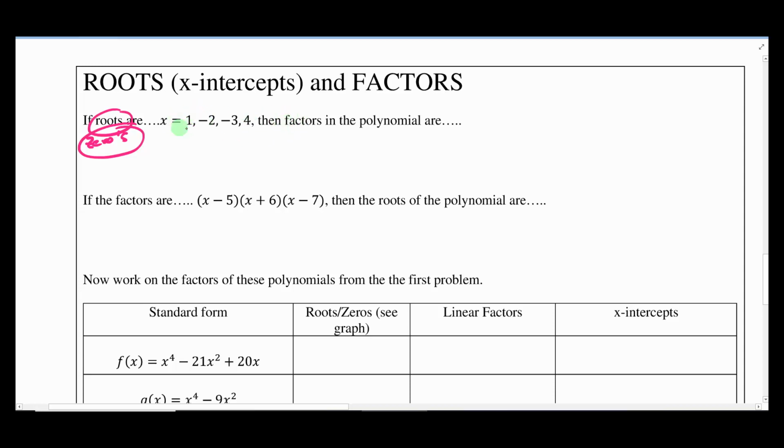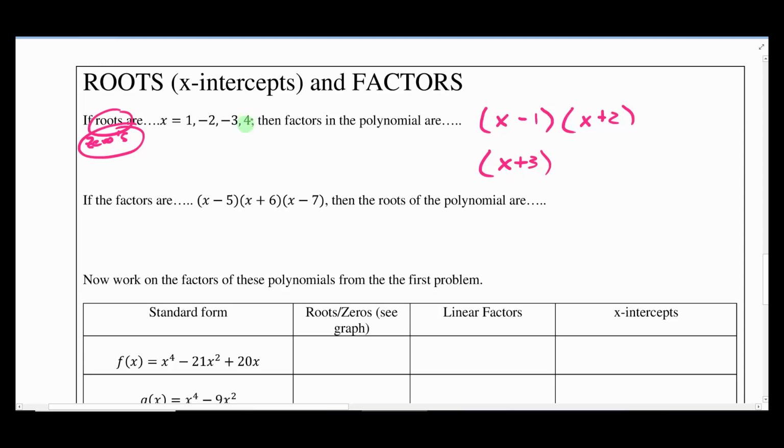Either one of those are the same thing, but these correspond to our factors. So for instance, if I have a root or a 0 of positive 1, I'm going to have a factor in my polynomial of x minus 1. Same thing if I have a 0 of -2, that means I'm going to have a factor of x plus 2. So you see positive 1 leads to an x minus 1, -2 leads to an x plus 2. Another factor in my polynomial: I've got a -3, which means I'm going to have a factor of x plus 3.